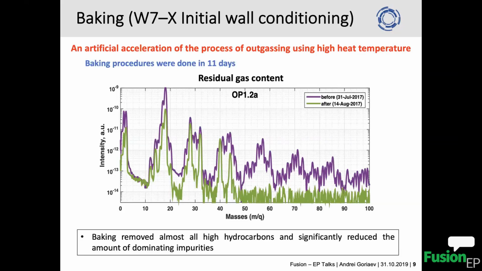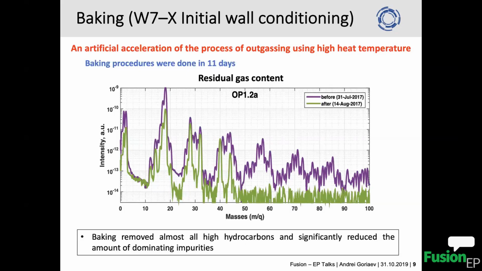If we look at the residual gas content before and after baking, you can see the reduction of impurities inside the vacuum vessel. Before, we could see a lot of high hydrocarbons, for instance. I don't know how familiar you are with residual gas analysis. Usually we use mass spectrometry to check what kind of impurities we have inside.